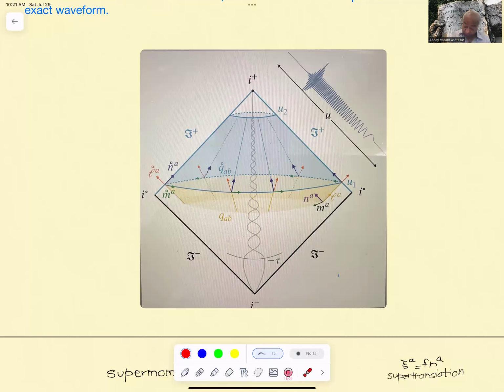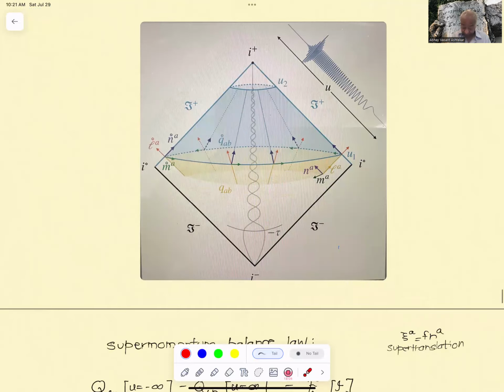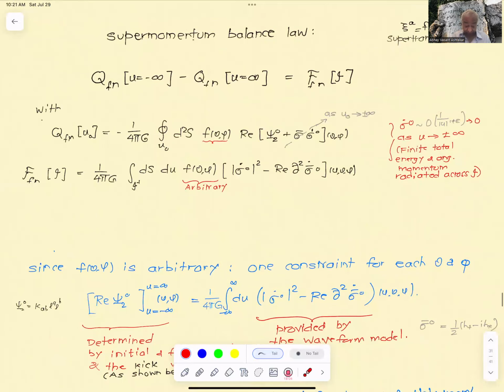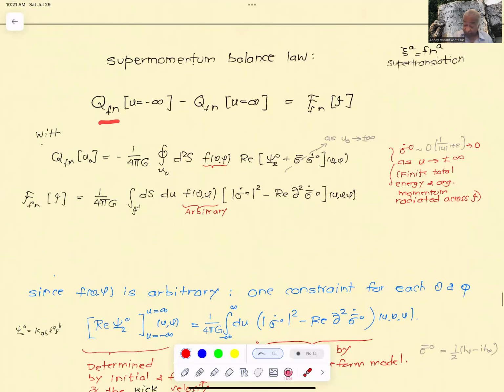So that is what is symbolically being told up here. And what the balance laws tell us is that there is a supermomentum charge integral up here, there is a supermomentum charge integral here, and the difference is given by the flux up here. And there are infinitely many such balance laws because there are infinitely many supermomentum generators. So f is a conformally weighted function.